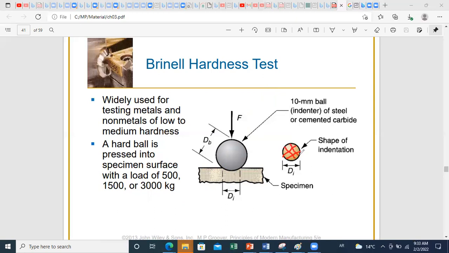As we said, the smaller this diameter, the larger the hardness. We have scales, and one is called Brinell. We'll do problems on this together. We'll see the formulas used to determine the hardness as a function of these parameters: the force applied, the diameter of the ball, and the corresponding diameter of indentation.